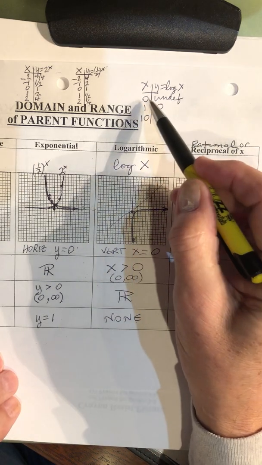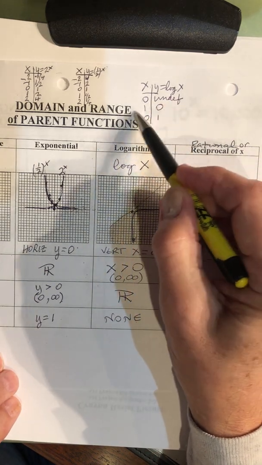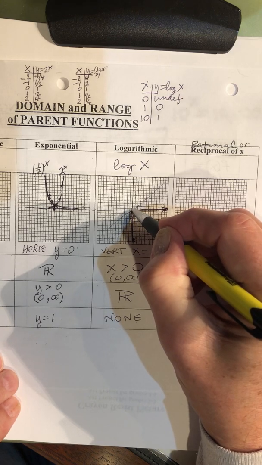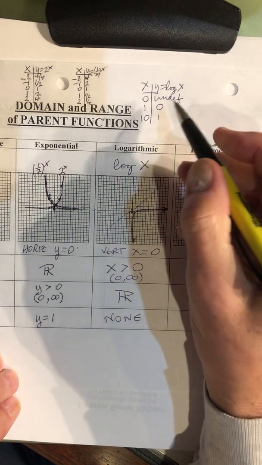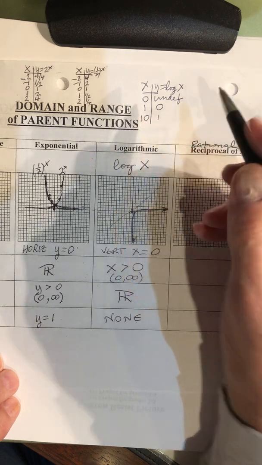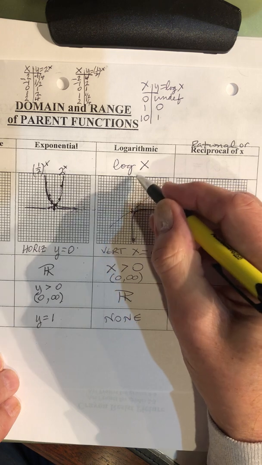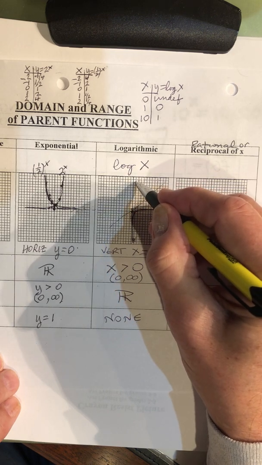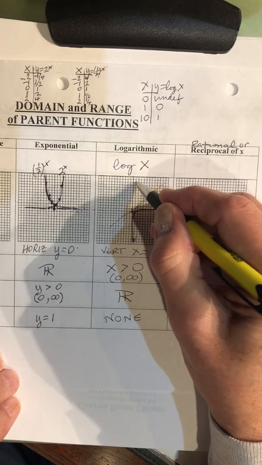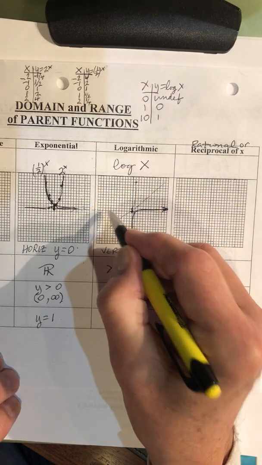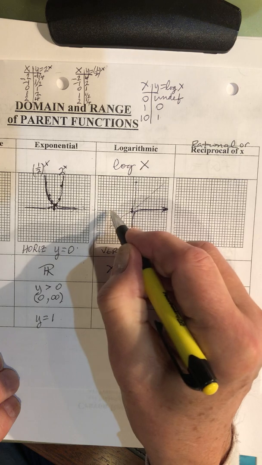Well, let's take a look at these points. 0, 1, that'd be here. And then 1, 10 would be up here, out here. And then this graph would be like that. And here, it's going to mirror this.